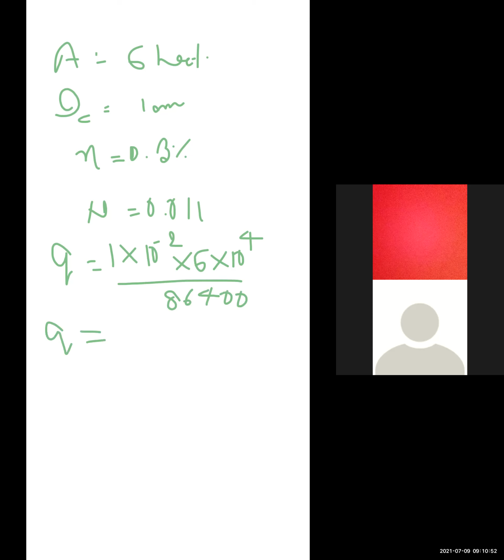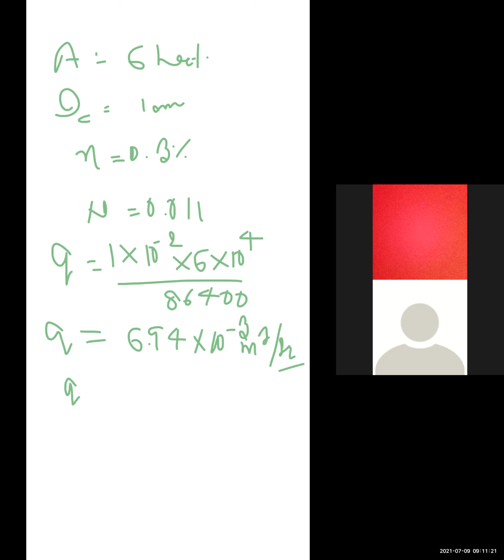With the help of a calculator we can solve this. This value is approximately 6.94 into 10 to the power minus 3 meter cube per second. This is the total discharge passing through this drain.